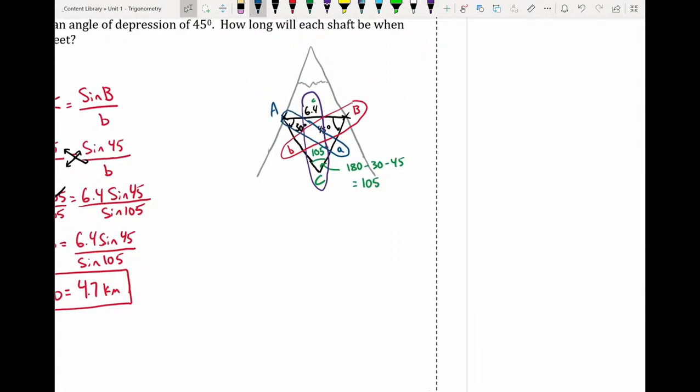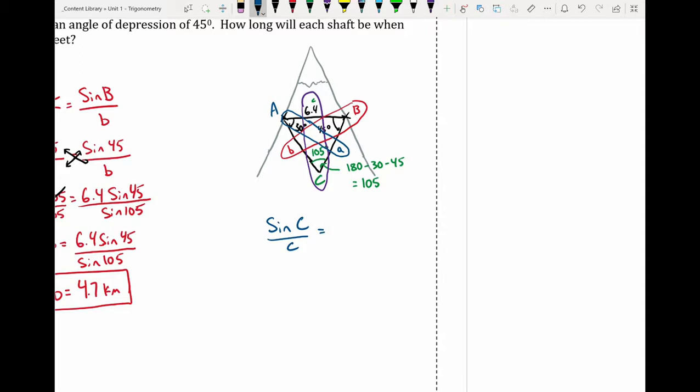If we're looking at the second one, we're going to use sine C over little c again, because that's still our given pair. Now, what you can do if you wanted to, you could use your b pair, because we now have the side b, as your full pair, and then you still use a as your half pair.